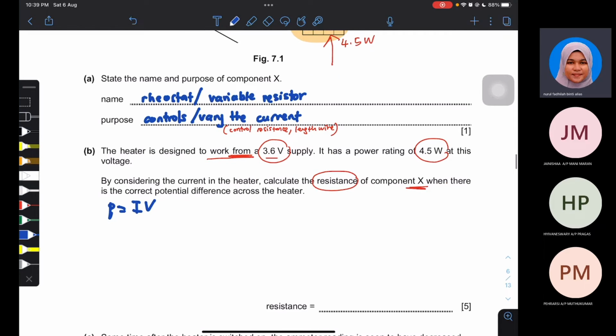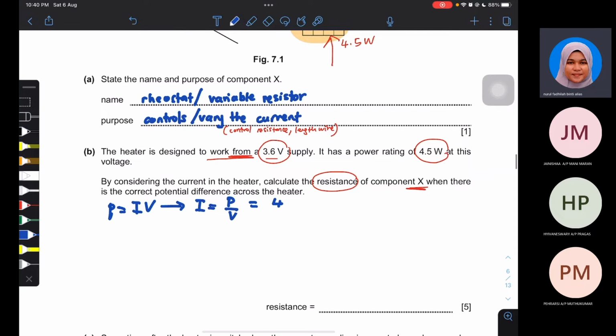Ya, kita nak cari current. Okay, daripada this formula, current equals to power over volts. Kan? Kita rearrange formula. Do you know the power?